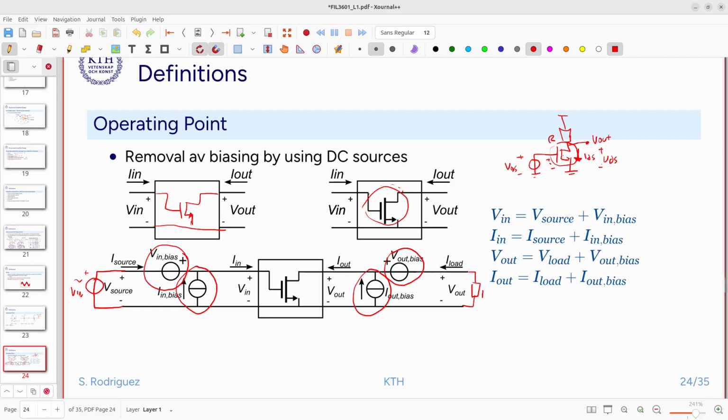For instance, you have a resistor, we can put our load here. So what is the advantage of doing this?